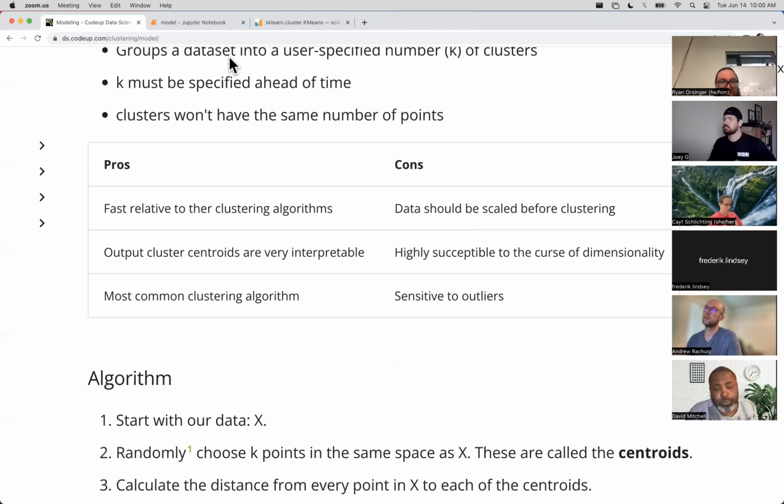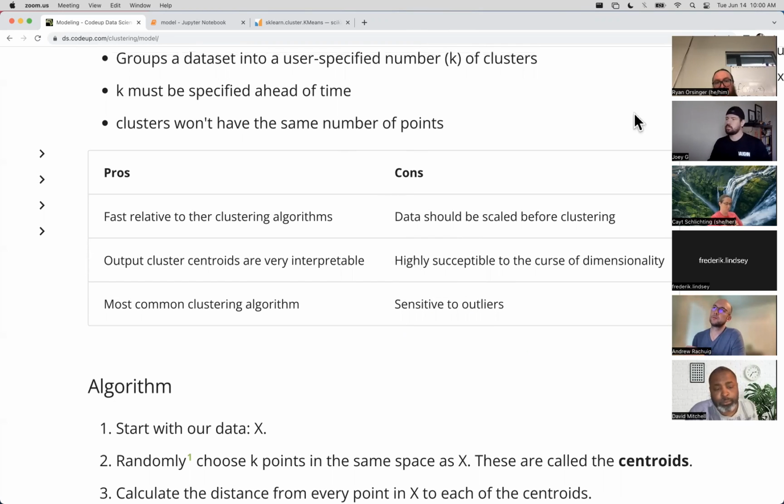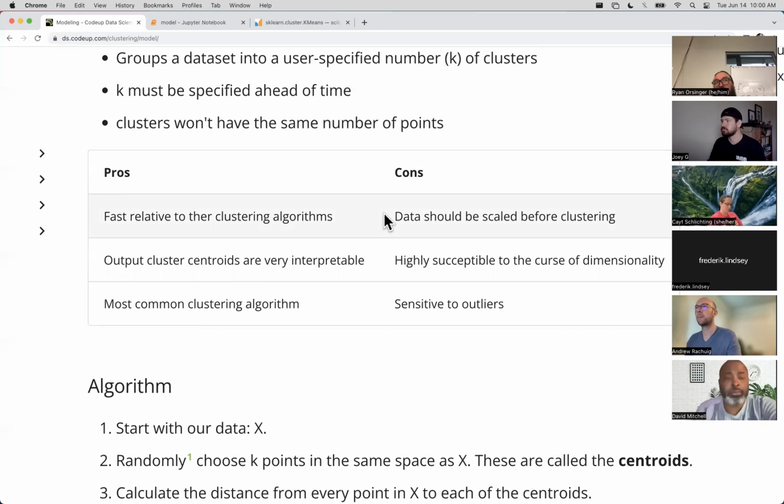Okay, so let's keep going. Any questions, comments so far on the pros and cons of K-means, situating the context? Yeah, Fred. Recommend using scalar because not sensitive to outliers. I like min-max scalar personally. Because any outlier handling, this is just a me thing, I want to handle the outliers rather than the scalar handling the outliers.